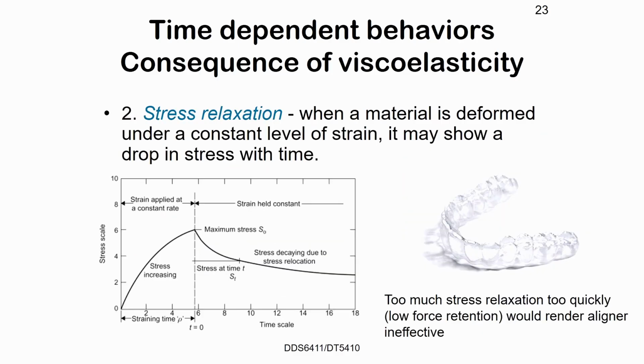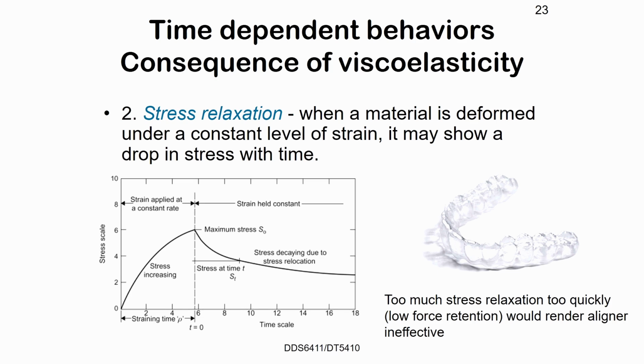The previous one is called constant stress creep. If you just apply a displacement, the resistance that you get from the material would reduce with time. That's called stress relaxation.